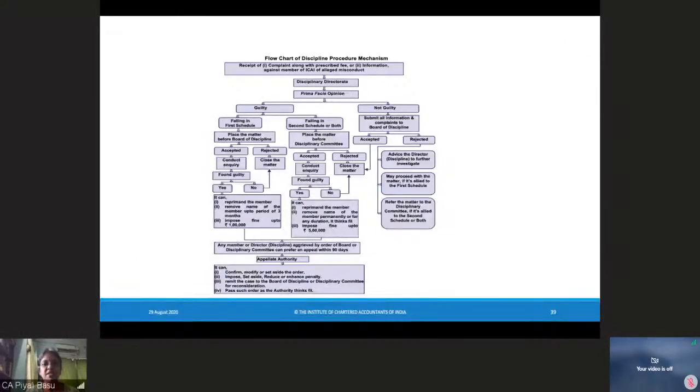I hope this is big enough. Just to bring to your notice what we discussed on day 1, the flowchart of the disciplinary procedure mechanism.